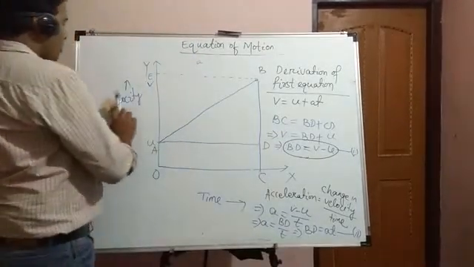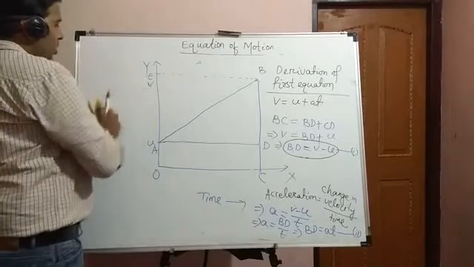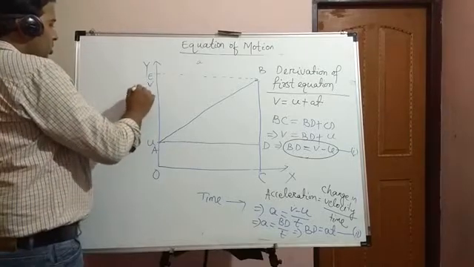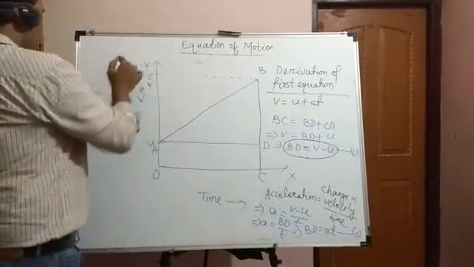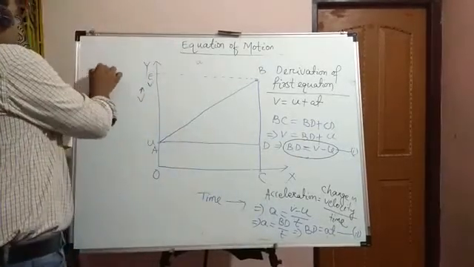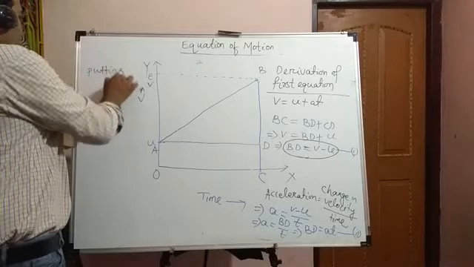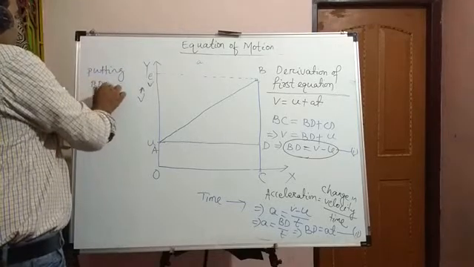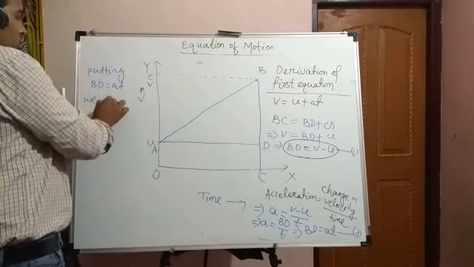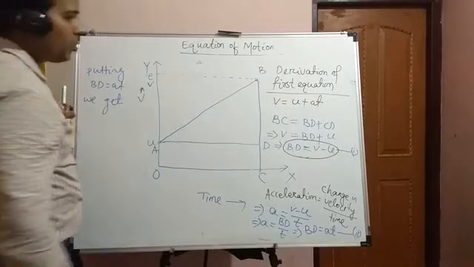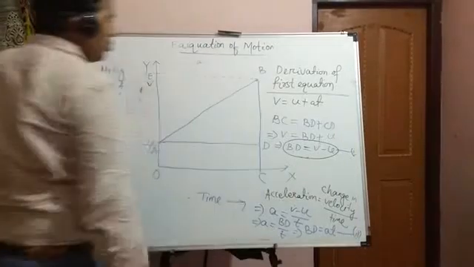Now putting the value of BD is equal to AT in equation 1, we get V minus U is equal to AT.